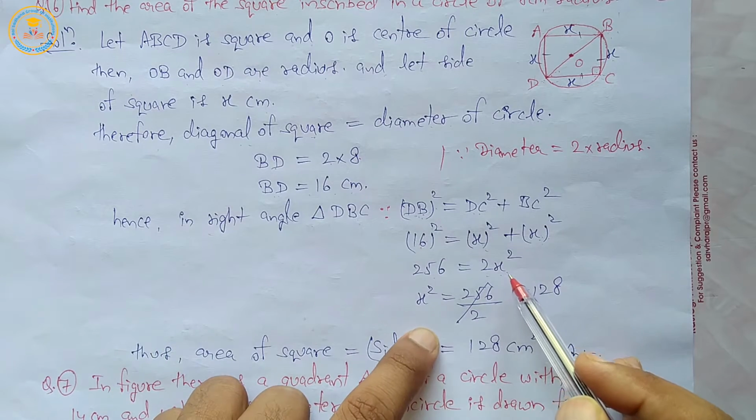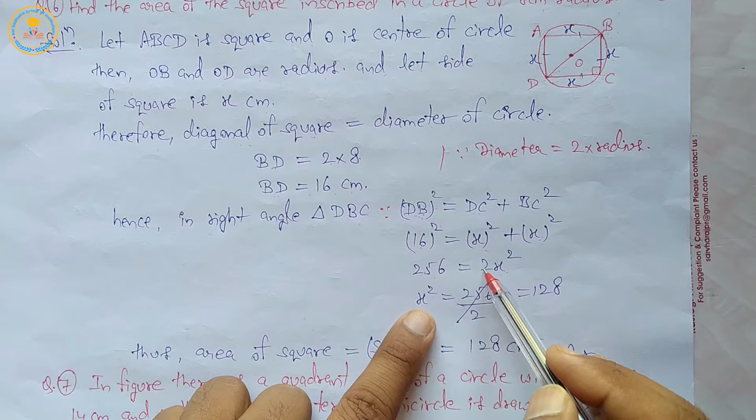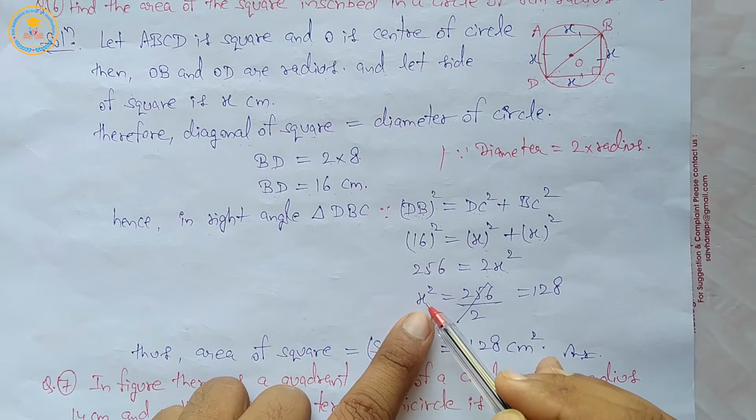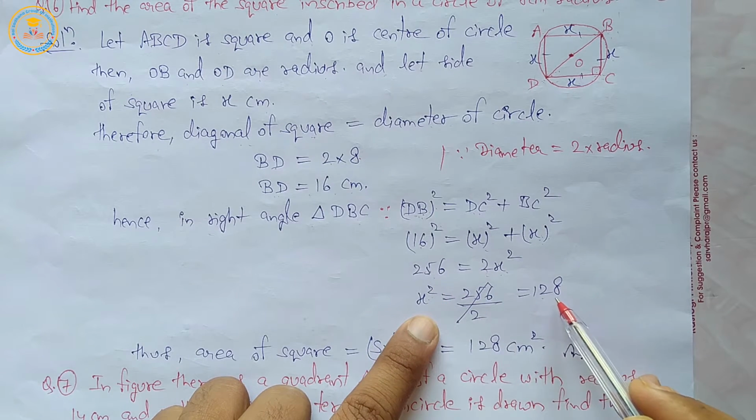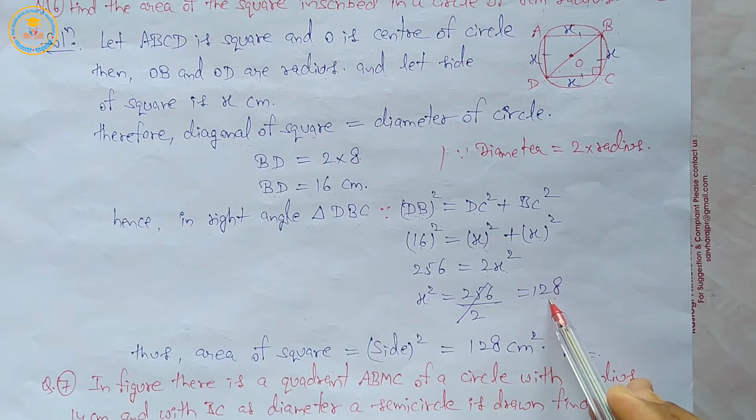Here we calculate the value of x: x square is 256 divided by 2, so x square is 128.